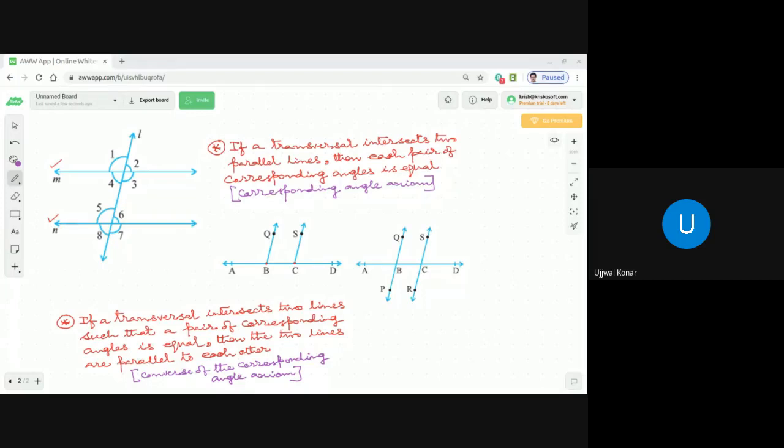Let's see it. For that, I'm going to draw a diagram, followed by an explanation.